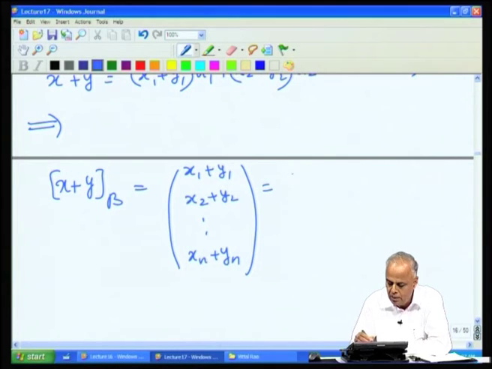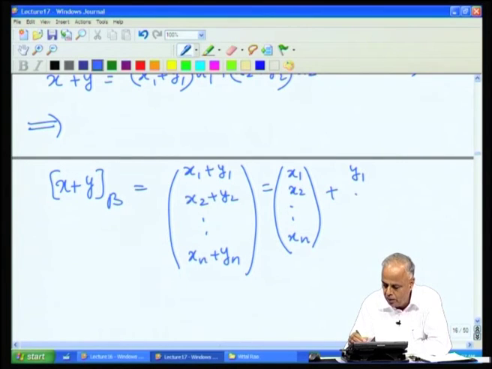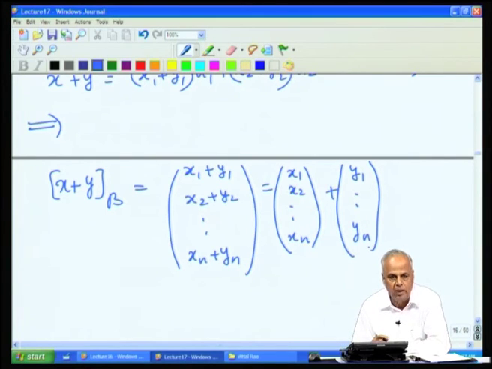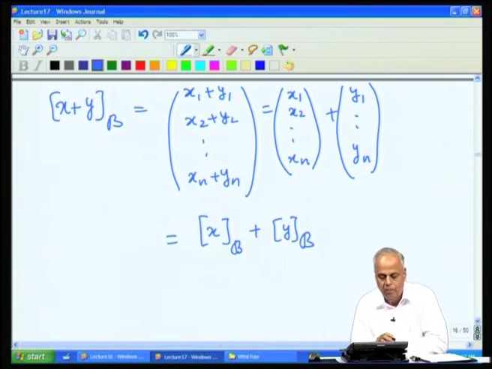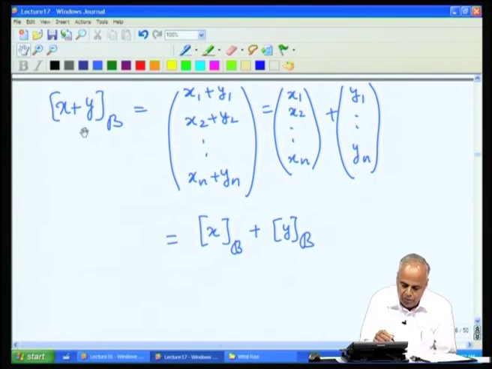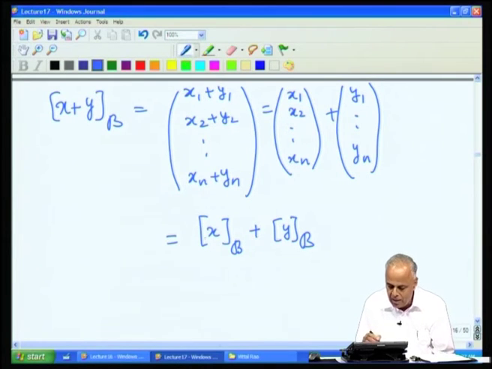But this is (x1, x2, ..., xn) plus (y1, y2, ..., yn) by the addition rule in Fn, and that is the same as xb plus yb. So, if you add and then represent, it is the same as represent and then add.